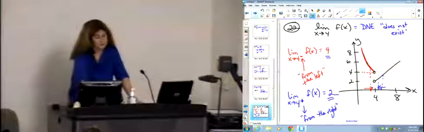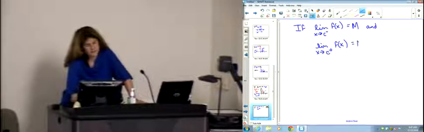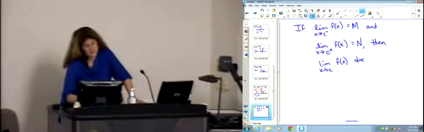So I'm going to write up something here for you. If the limit as x approaches c from the left is equal to m, and the limit as x approaches c from the right is equal to n, then the limit as x approaches c does not exist.